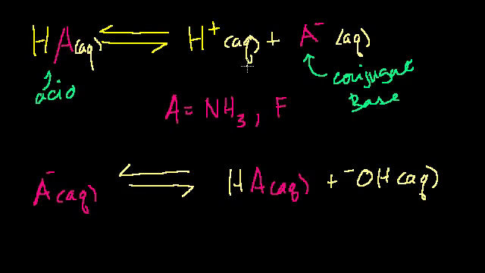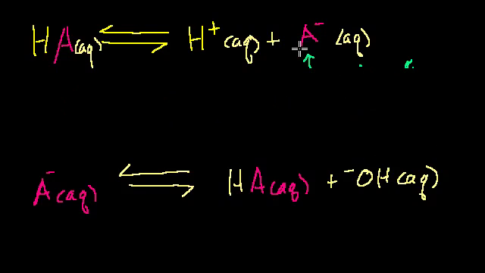So we could write the same reaction both ways. And we can write equilibrium constants for both of these reactions. So let's do that. Let me erase this, I'm going to use that space. So for the equilibrium reaction for this first one, I could call this the K sub A, because it's the equilibrium constant for an acid.